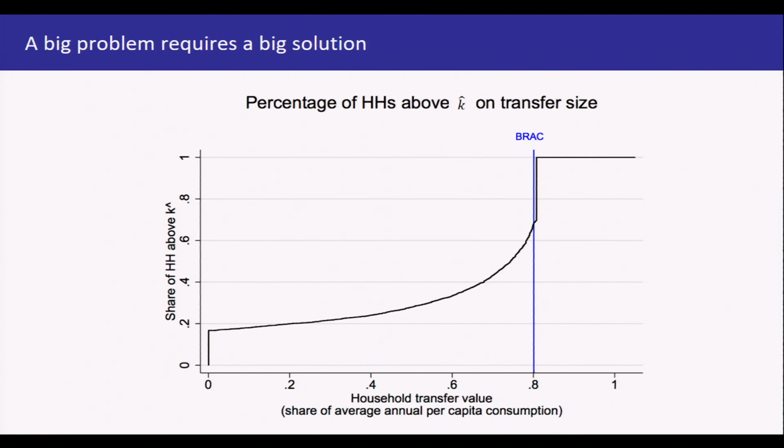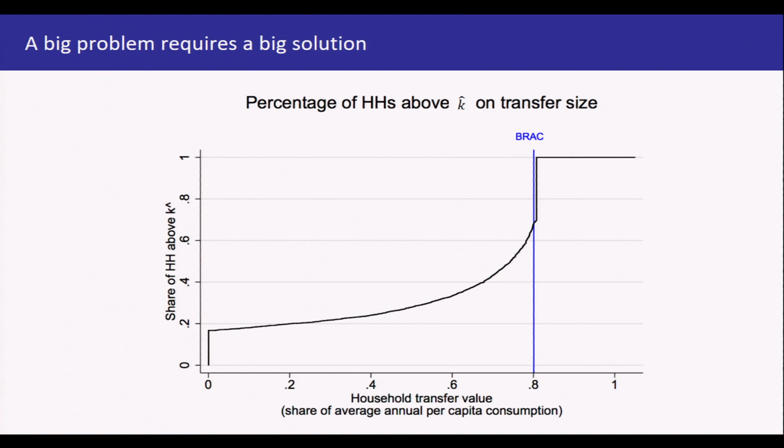We can put all of this in one graph. What we've done here is that we've used our estimates to plot the share of households which are pushed above the threshold as a function of the transfer value. Of course, different countries have different units, and different households have different wealth. So we normalize everything. We normalize the transfer as the share of annual per capita consumption.